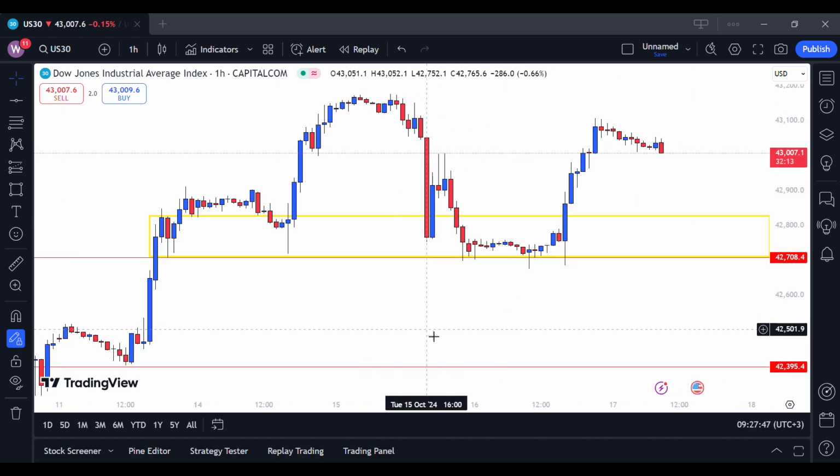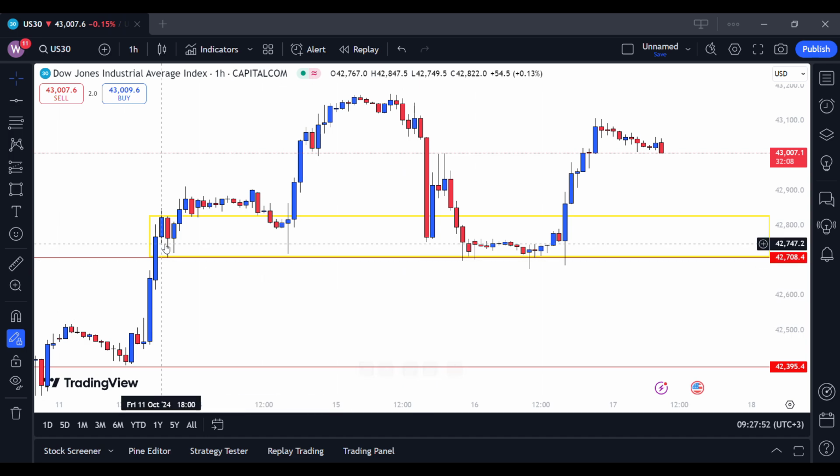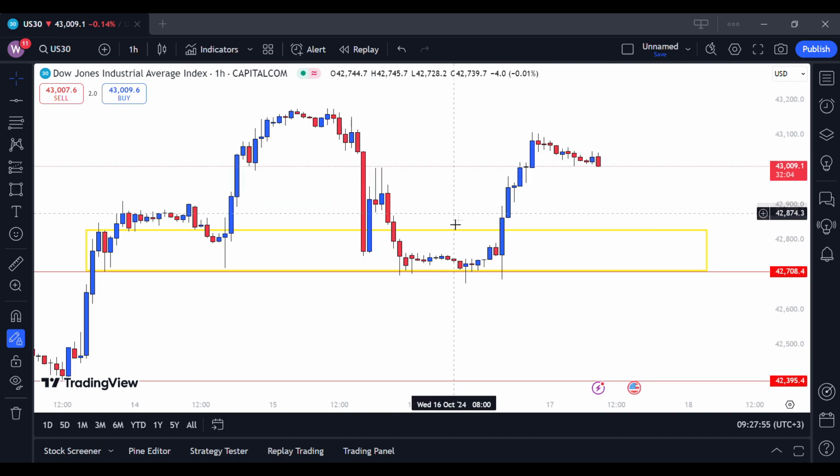The first time it was moving up, it failed to create a bigger high. It came back to this supply zone it created once and then took off again. But after taking off, they had to free up some positions, take some profits, and still induce many traders to sell.